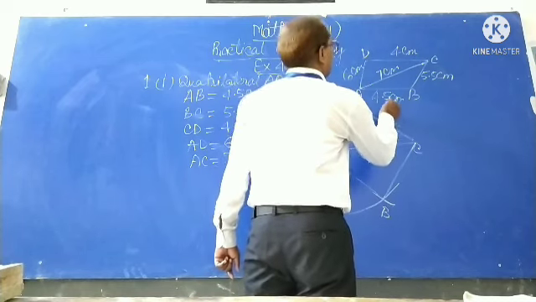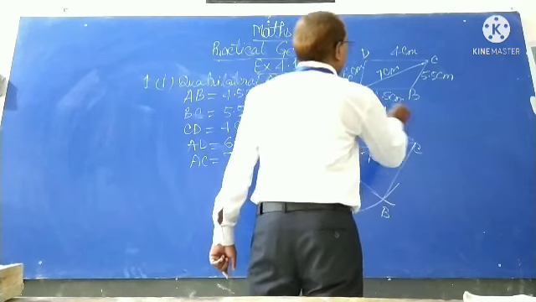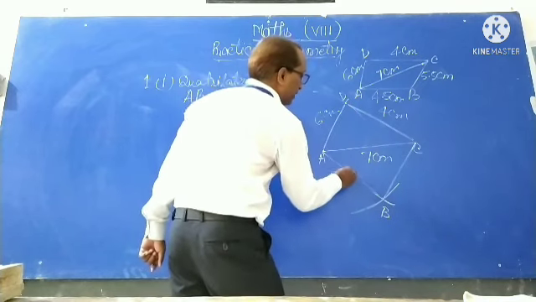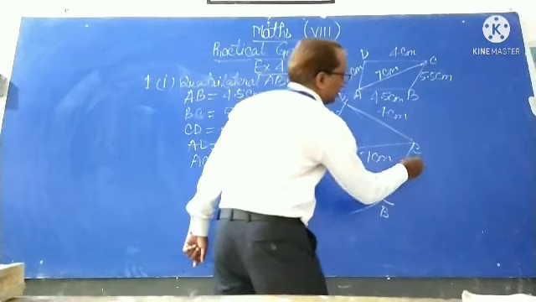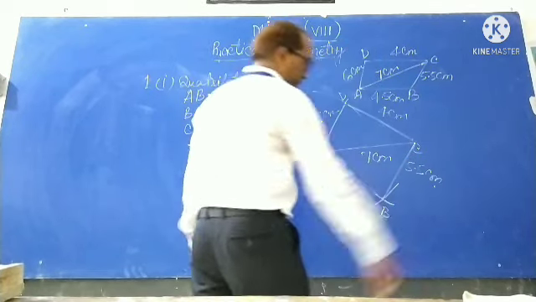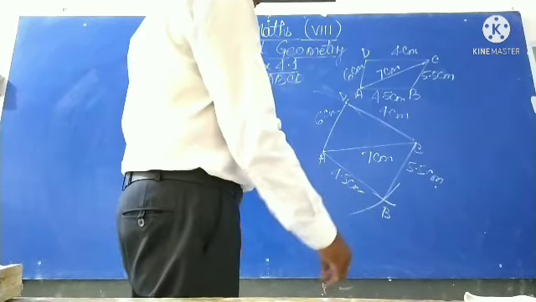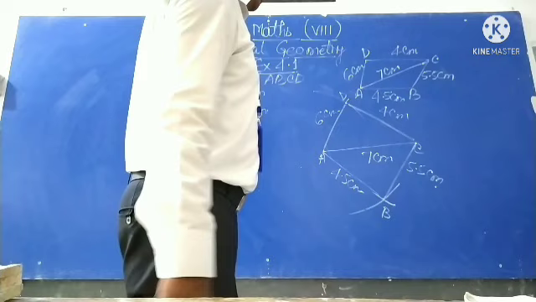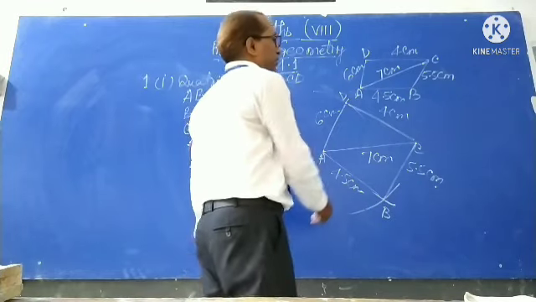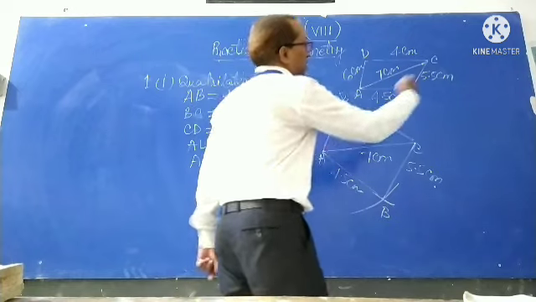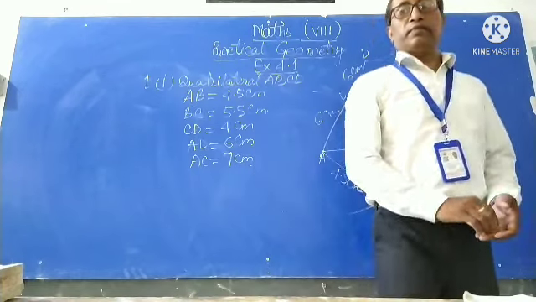Okay, this is 4 cm, this is 6 cm, this is 4.5 cm, and this is 5.5 cm. These are the measurements which you want to verify. Just take your scale and measure all the sides. Your measurements are what is given here. Clear?